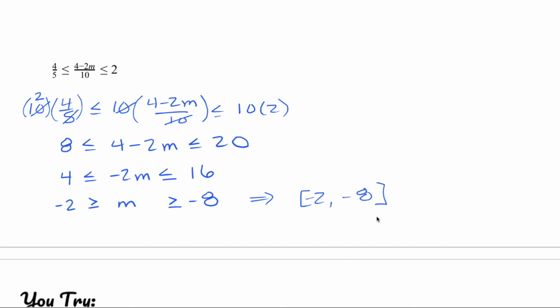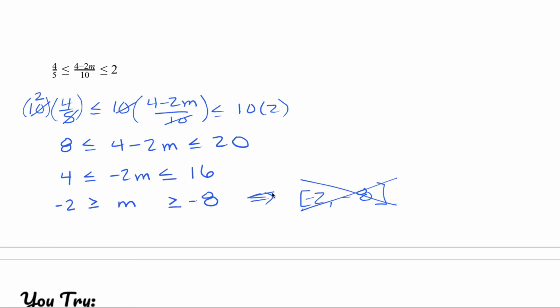That is not true. We would not write this. What's wrong with this? Well, it's not in numerical order, smallest to greatest, or least to greatest. Negative 2 is greater than negative 8, so this is backwards.